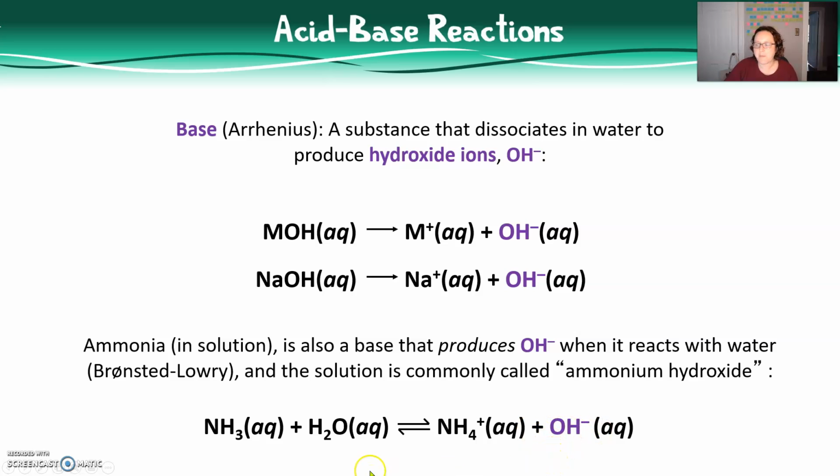Again, it helps if you remember that water is just a hydrogen ion attached to a hydroxide ion. So if you remove the hydrogen ion from water, you are left with a hydroxide ion. Note that both definitions of a base produce a hydroxide ion in aqueous solution.